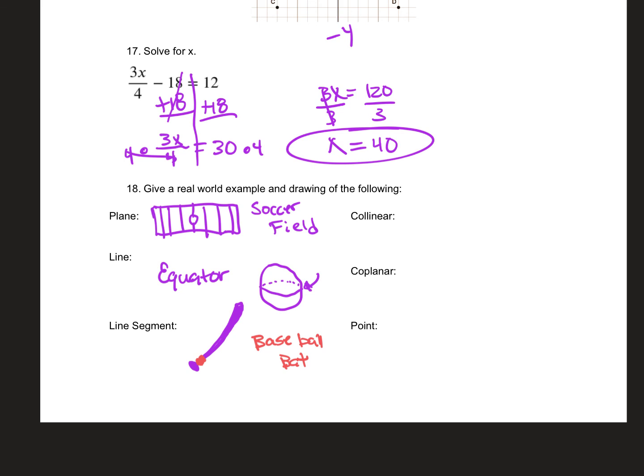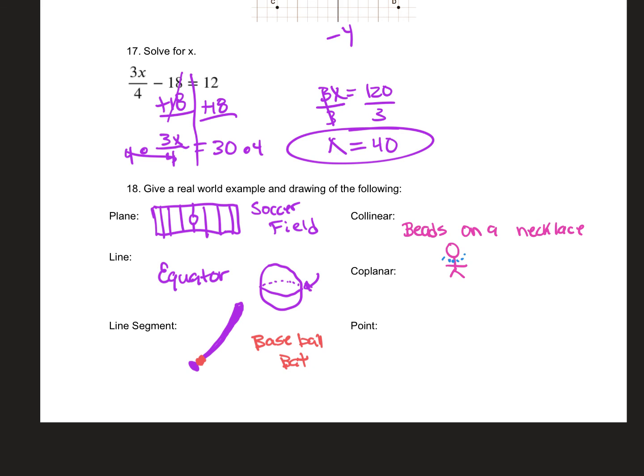Now, a real-world example of collinear. I'm going to do beads on a necklace. So it could look something like that, maybe.